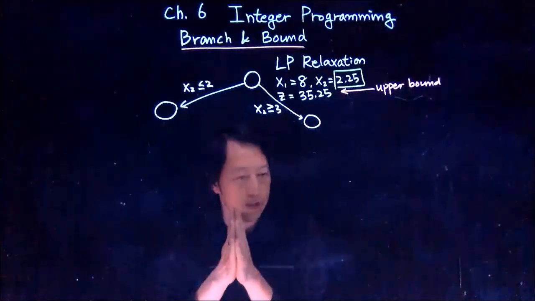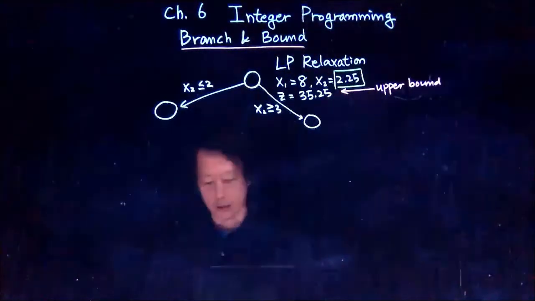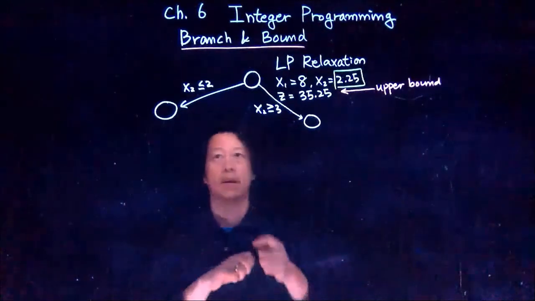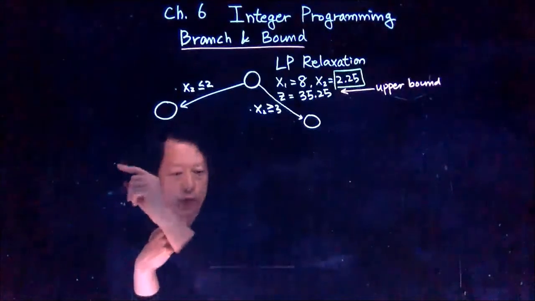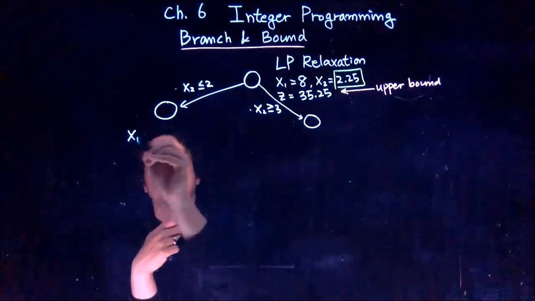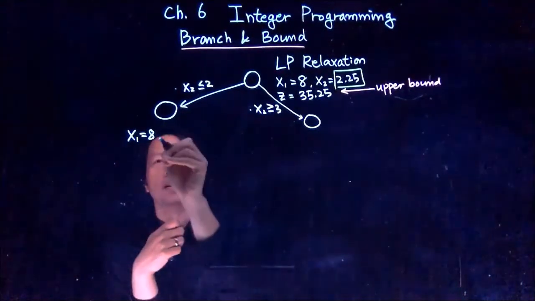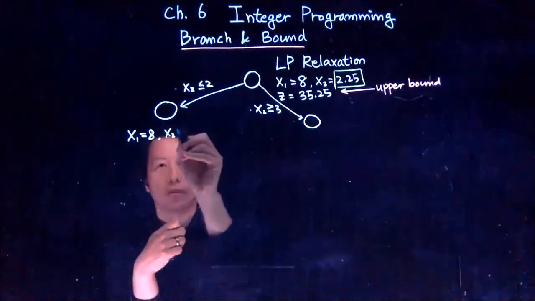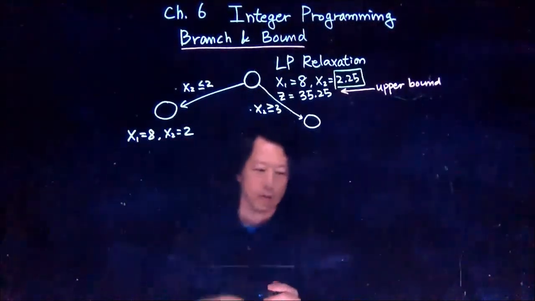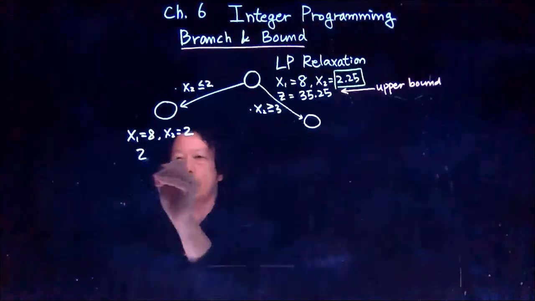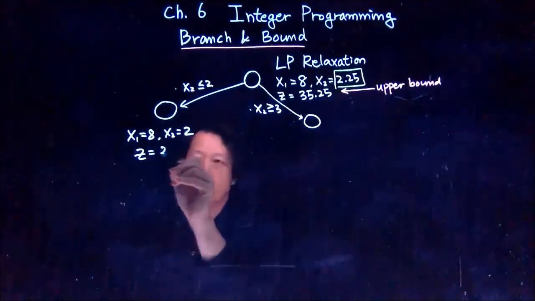Still, this is fine. Then we solve the LP relaxation problem again. We added this additional constraint here, and then we solve the problem. We find the solution x1 equals 8 and x2 equals 2. This is the LP relaxation solution, and z goes to 34.